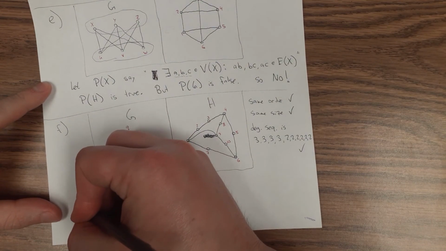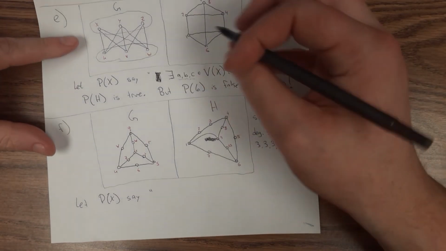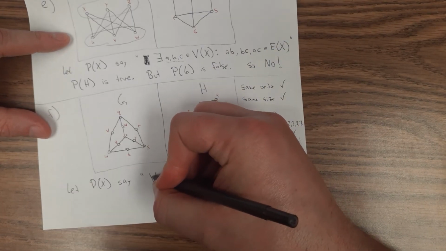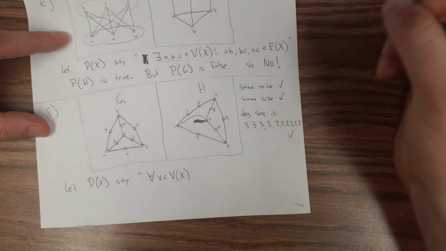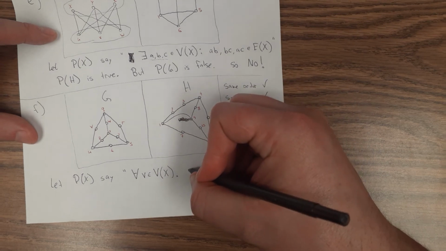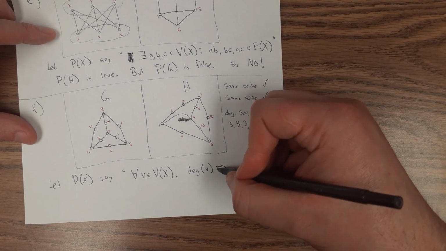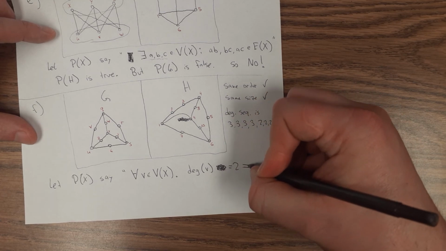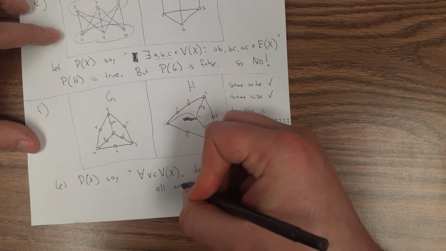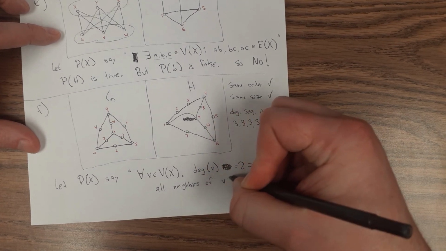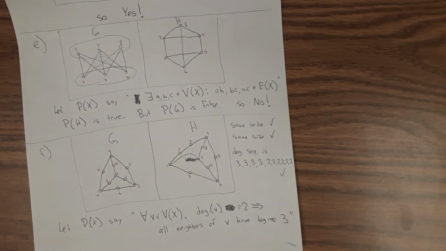So let P of X be that property. Say we're talking about a graph X. For all vertices, say V, if the degree of V is 2, then all the neighbors of V have degree 3.